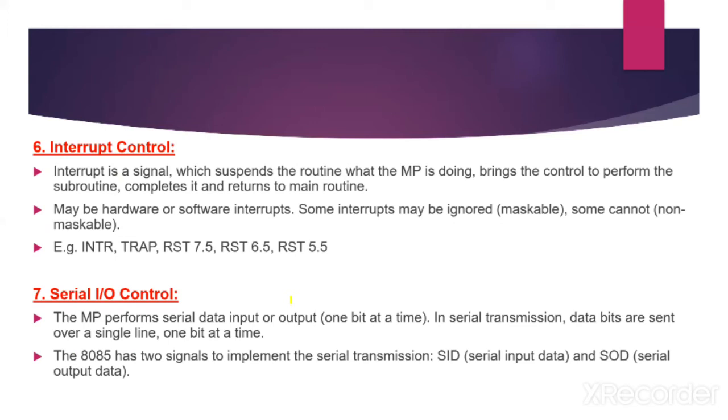Next block is interrupt control. Interrupt is a signal which suspends the routine that the microprocessor unit is doing, brings the control to perform the subroutine, completes it, and returns to the main routine.